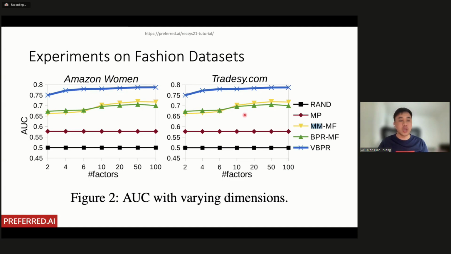With the image feature added, it can achieve a better AUC here. When compared to the rest of the other models, like another MF model, this is actually worse. So that showcases the influence of the visual feature in this recommendation setting.